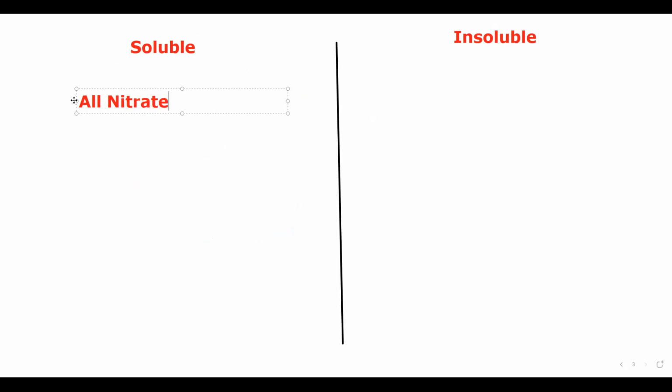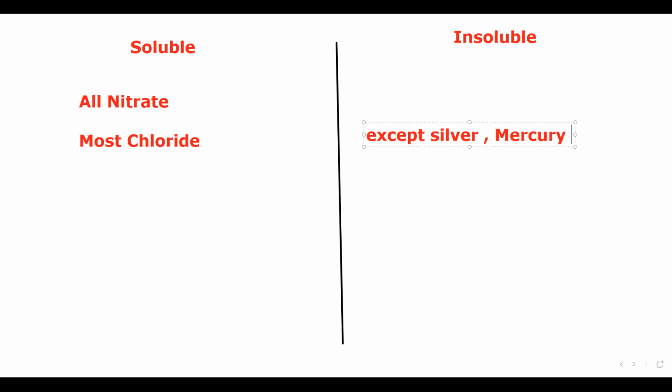Most chlorides are also soluble except three. The three chlorides which are not soluble are silver, mercury, and lead. These chlorides are insoluble.